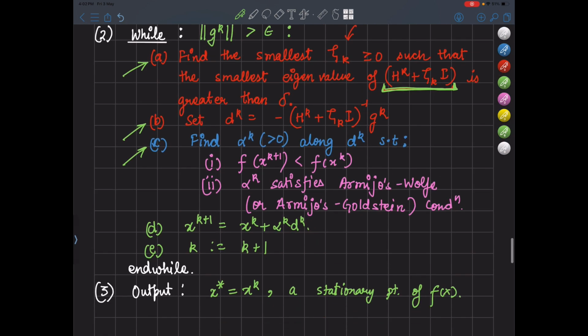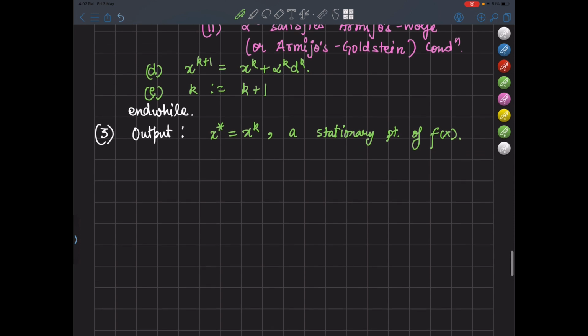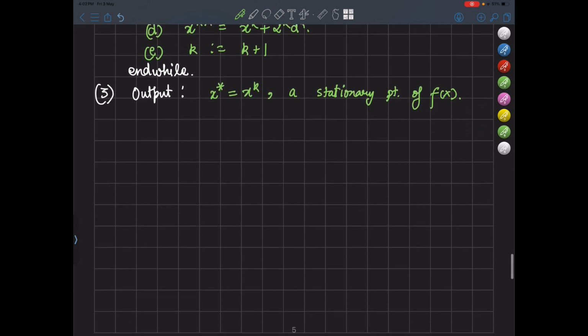It turns out if you use the modified Newton algorithm, there are some convergence guarantees.